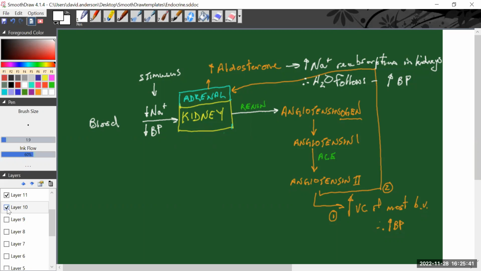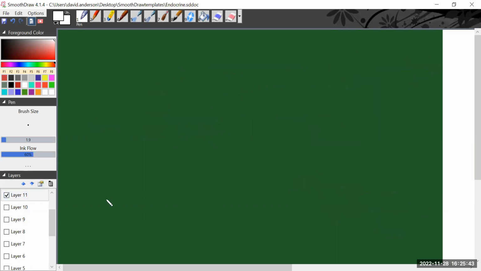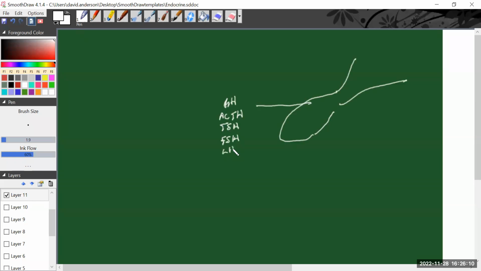Okay, so what we've covered is our pathway between the hypothalamus and the anterior pituitary gland. We said the anterior pituitary gland would produce growth hormone, ACTH, TSH, FSH, LH, and prolactin.